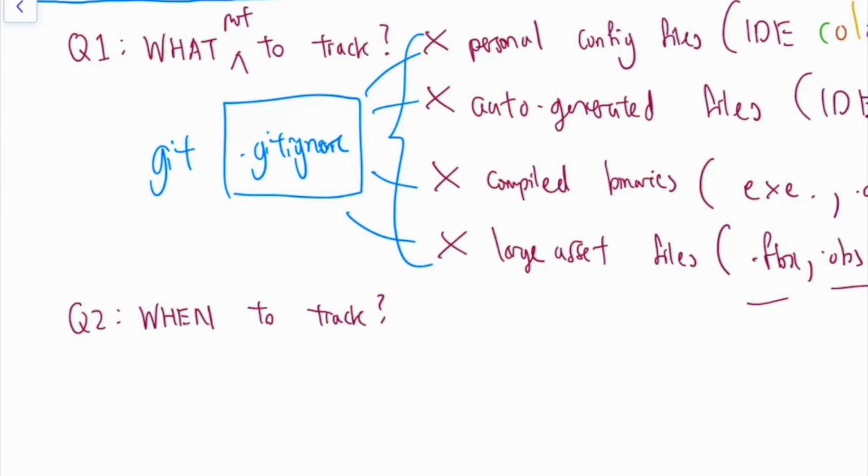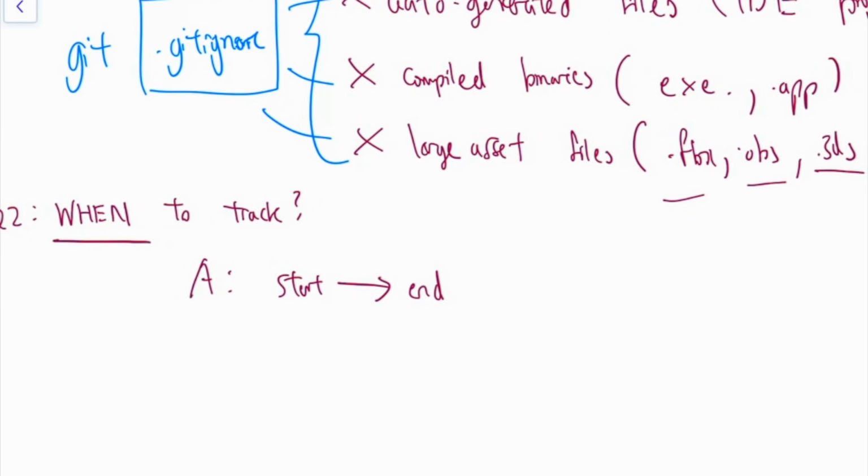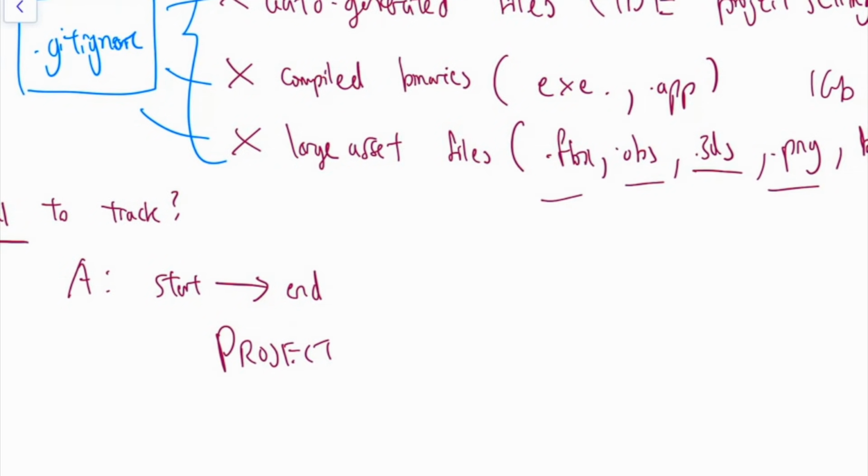So the other question is when to track. And the answer for this is actually all the time, from the start to the end of your project. And if the project or the software belongs to your own company, maybe this never ends.